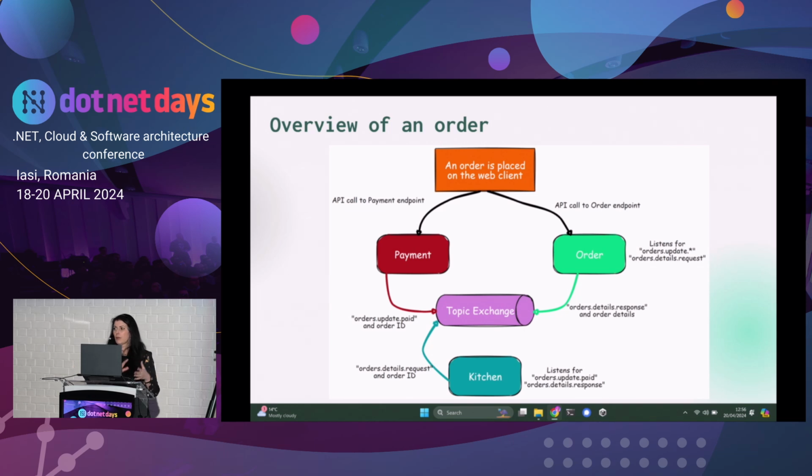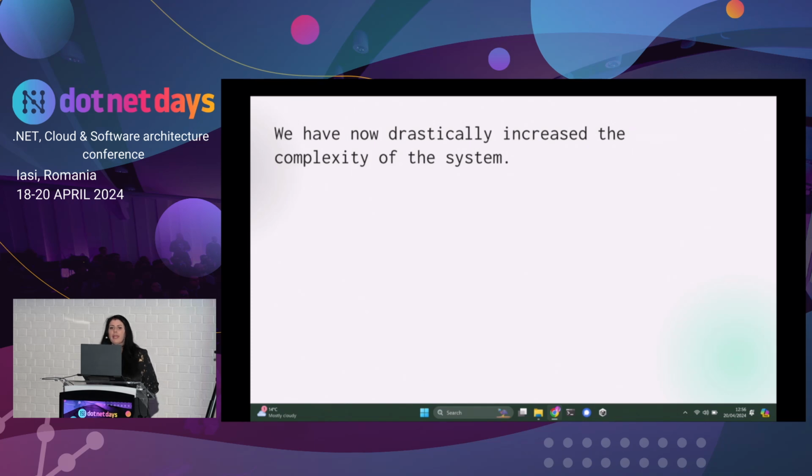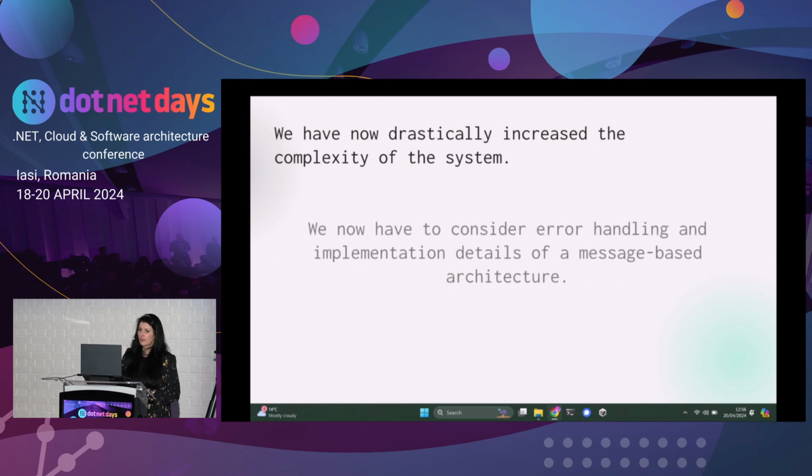So it can be a little bit difficult to get your head around when you start, but once you start breaking it down, you can see how you can go through that. But we have now drastically increased the complexity of the system. We now have to consider error handling and implementation details of a message-based architecture, okay? So that is complex in itself.